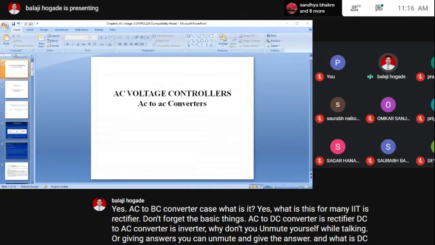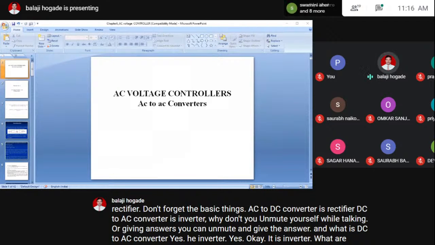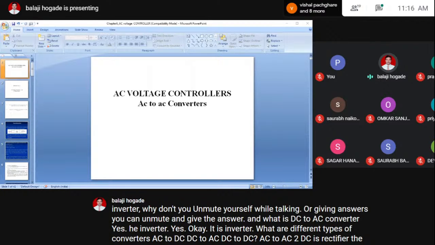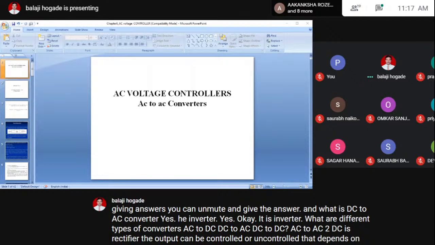What are the different types of converters? AC to DC, DC to AC, DC to DC, AC to AC. AC to DC is a rectifier. The output can be controlled or uncontrolled, depending on what type of devices you are using. So there are two types of rectifiers, controlled and uncontrolled.